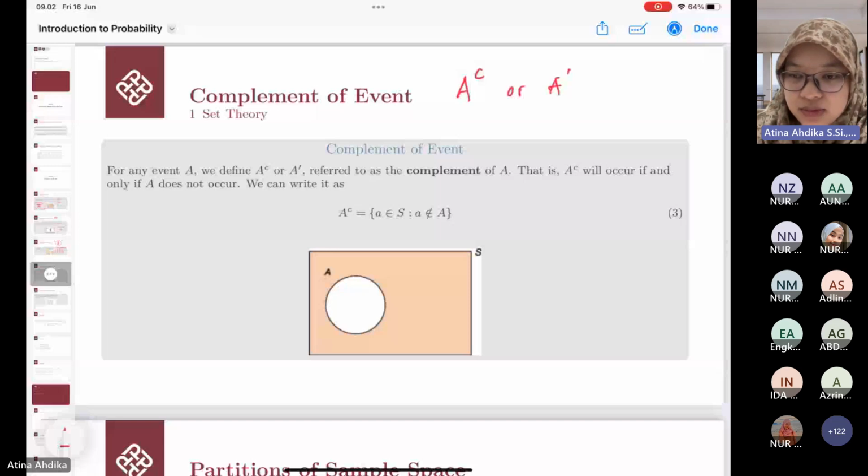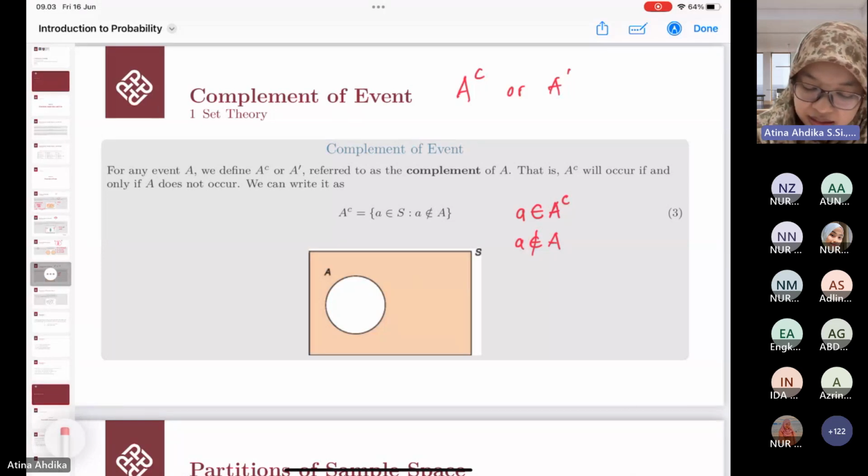If I take any little a which is an element of A complement, then little a will not be in A. If we describe it in the Venn diagram, we take little a outside A here. So this is the complement of an event.